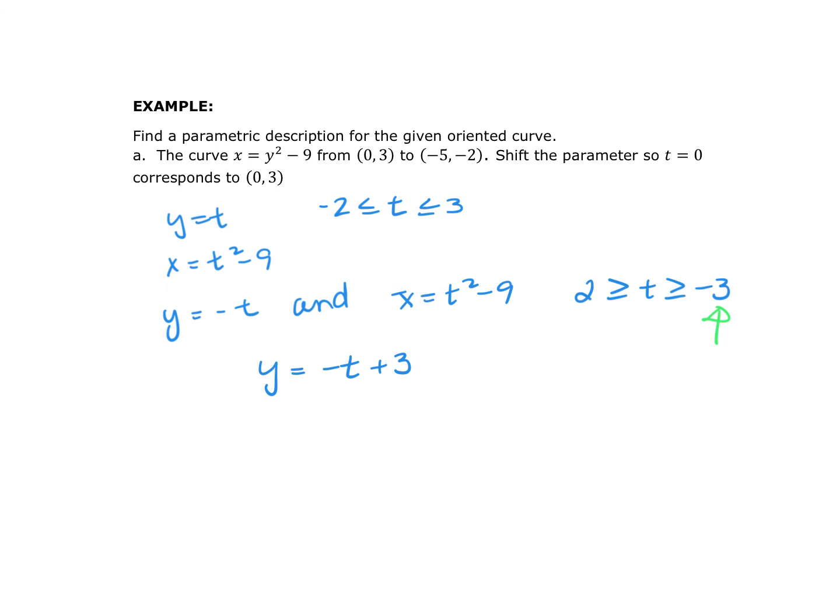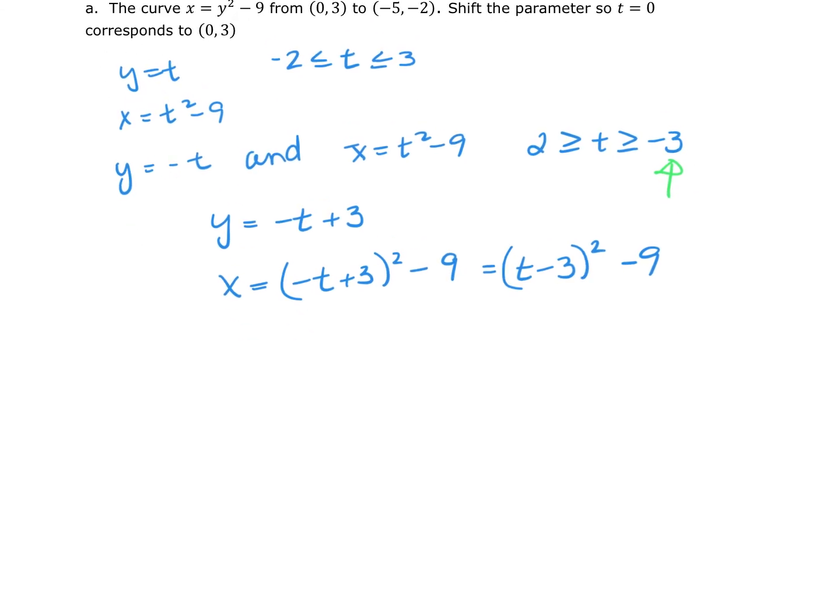So I need to add 3 to it. And so my x then becomes x is equal to negative t plus 3, the quantity squared, minus 9. And then this will become t minus 3, the quantity squared, minus 9.